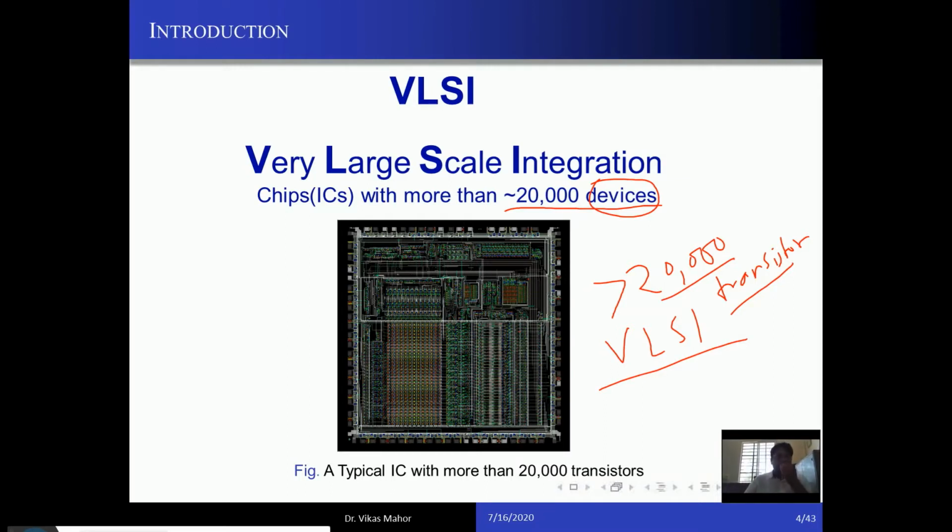But what if you wanted to include 10,000 such circuits? Let's say there is a requirement that you need to design 10,000 amplifiers, or a single board on which you require 10,000 functionalities. Please understand my question: what if you wanted to design an electronic circuit board on which you need 10,000 functionalities?